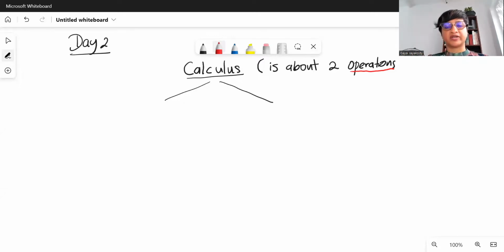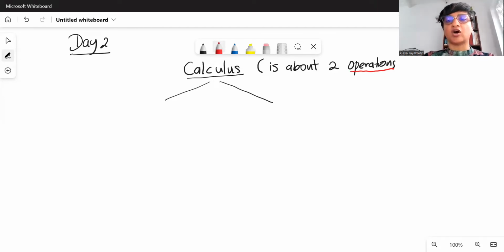So these are operations, right? So you can think of this branch in mathematics called calculus as being something about two operations done not on numbers.